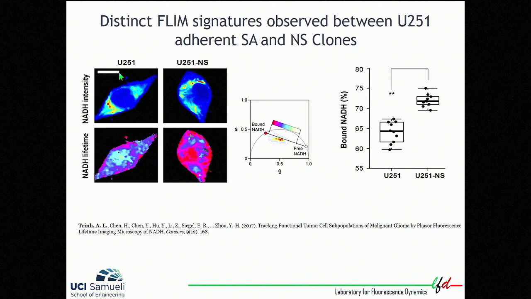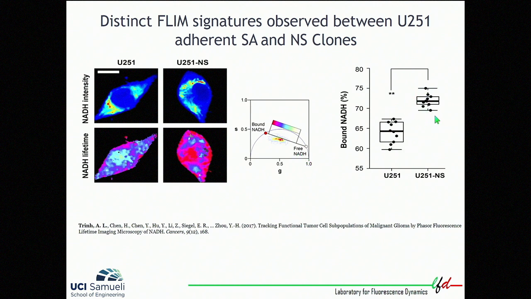Here we are showing the adherent tumor cell population. These are the tumor mass cells on this side. And here we have the neuronal spheroid population that's cultured in neuronal spheroids, and these are the stem cell initiating tumor cells. And what we see is that they have a very unique lifetime signature.